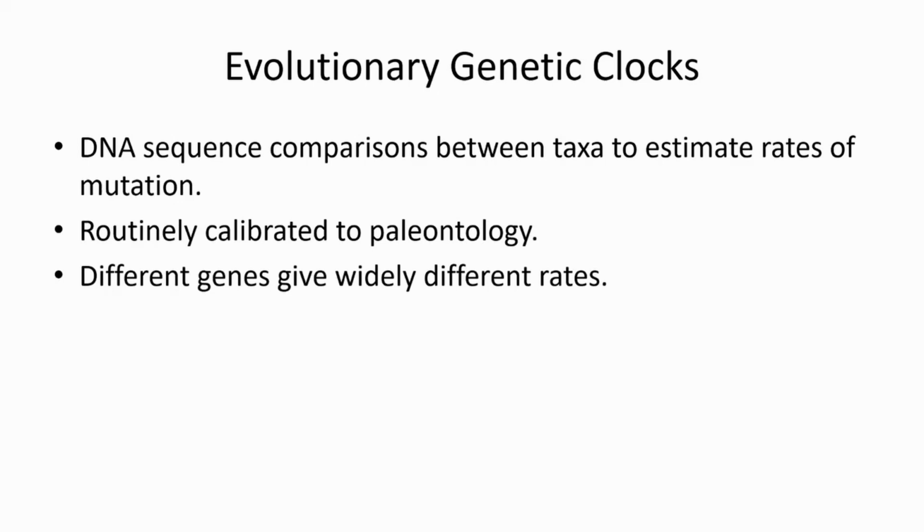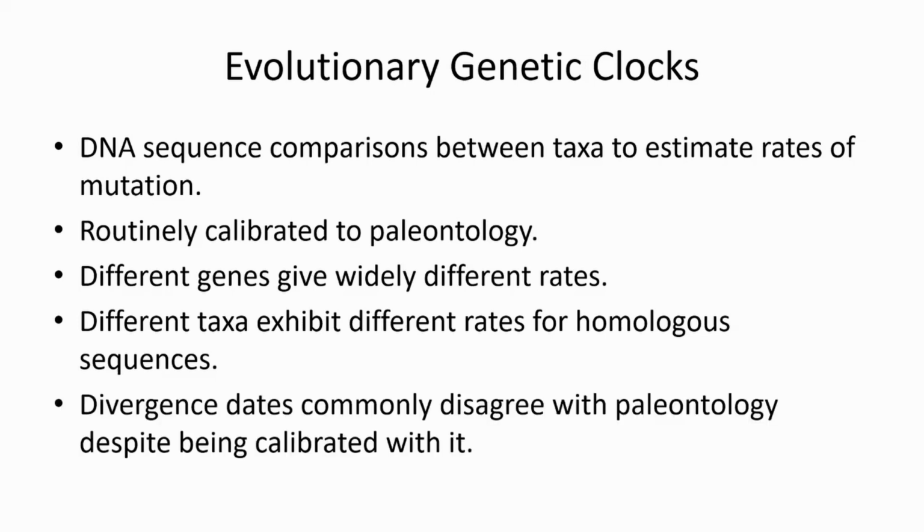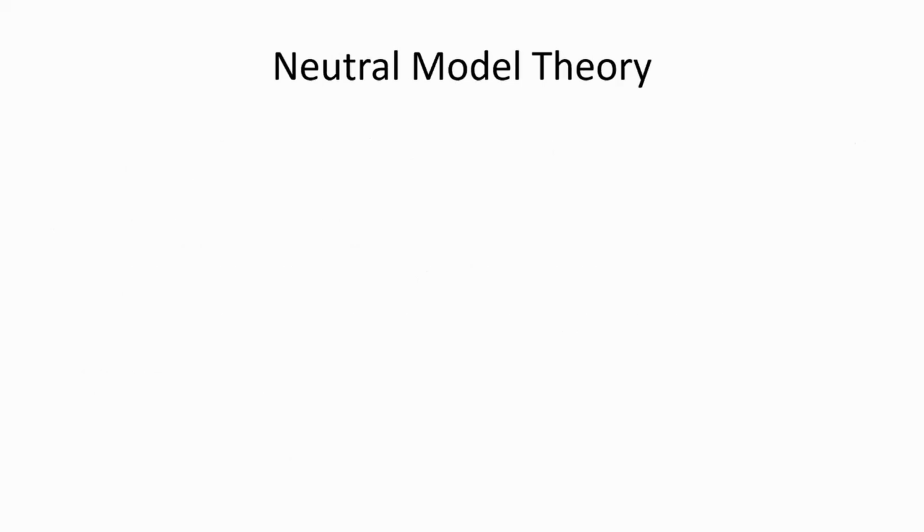And then you test another set of genes in those different taxa, and it doesn't match. Different taxa exhibit different rates for homologous sequences, right? They should be similar, but they're different. Divergent states commonly disagree with paleontology despite being calibrated with it, as I just explained.